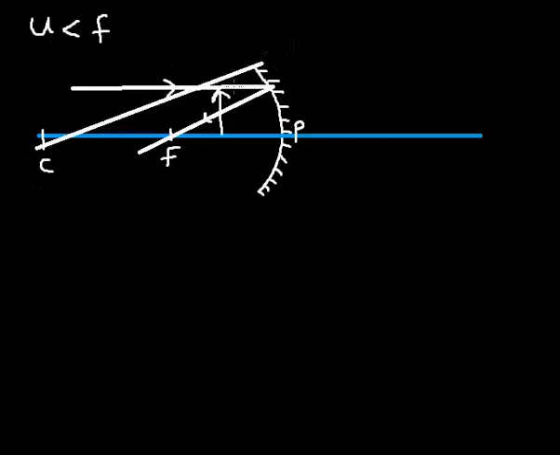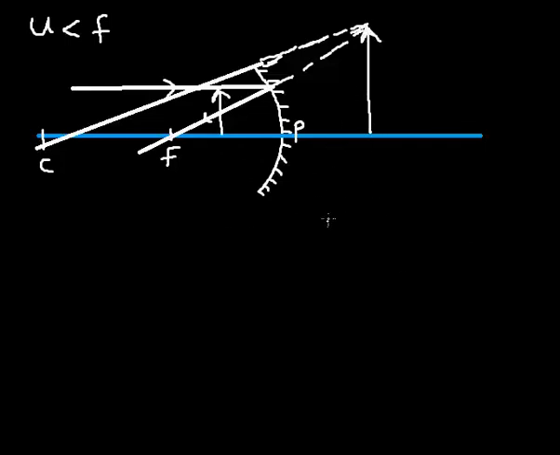So the line passing through C and the line that reflected, if I trace it behind the mirror, at the very point where they intersect, that is the point where my image will be formed.